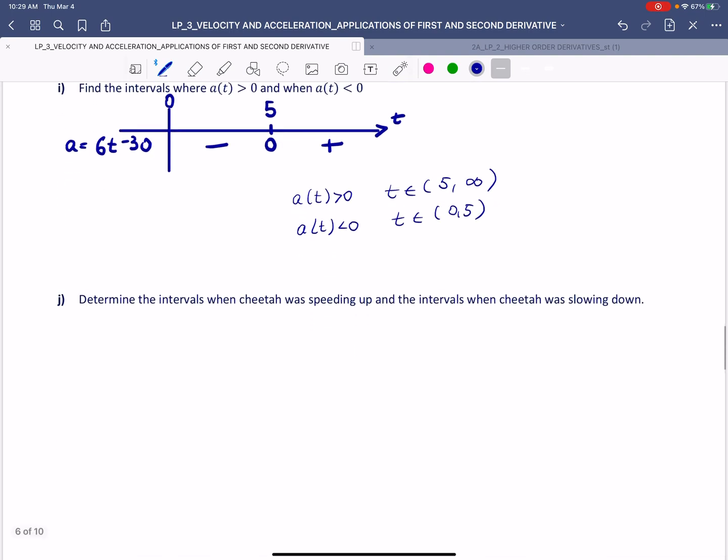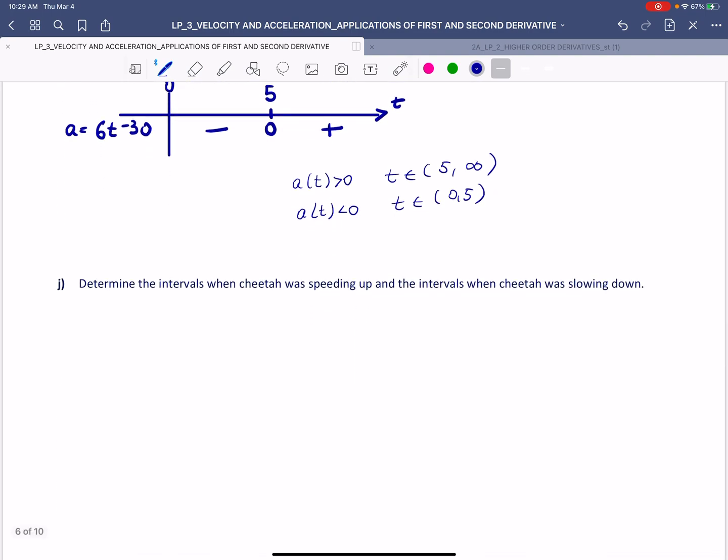Now we have to find the intervals when the cheetah is speeding up and the intervals when the cheetah is slowing down. In order to analyze this, we are going to build a chart where we analyze the sign of velocity and acceleration.